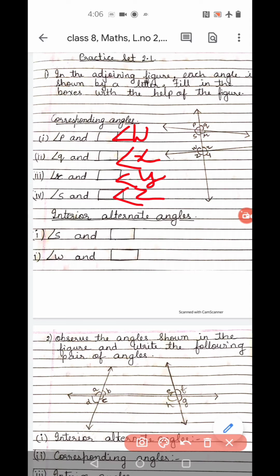Now if we talk about interior alternate angles, angle S is congruent to angle X and angle W is congruent to angle R. This way we can take the interior angles.